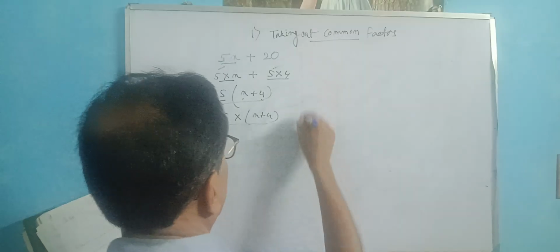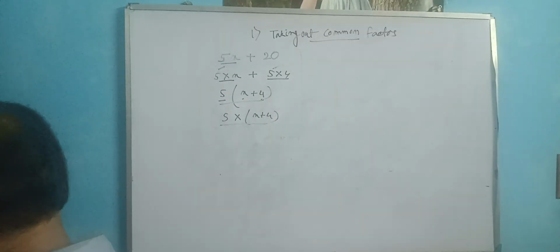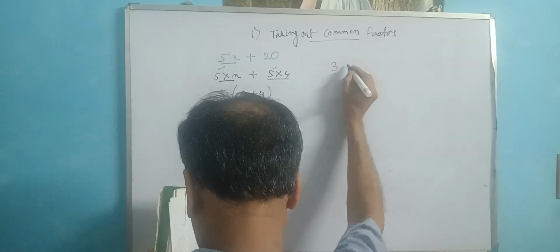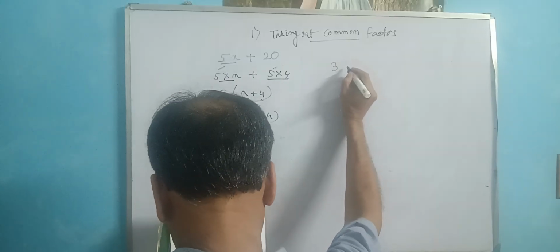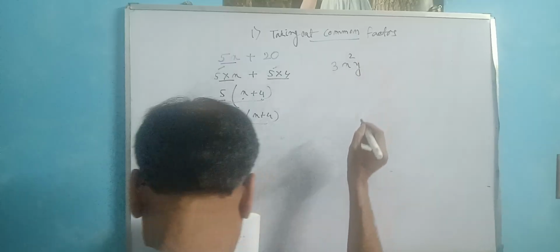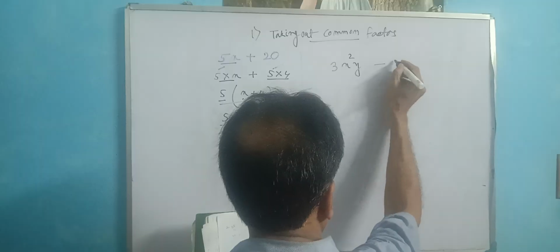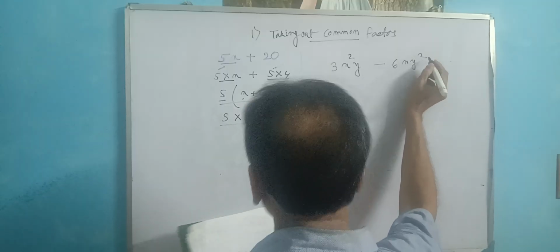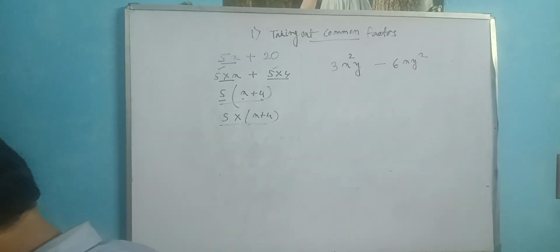Suppose 3x square y minus 6xy square. Very easy, but the concept must be clear. You can do this yourselves.